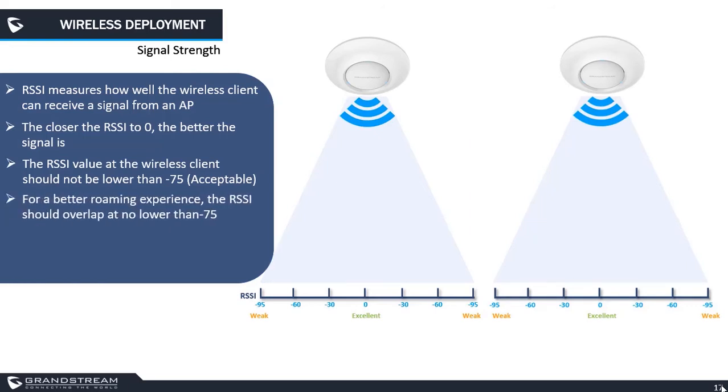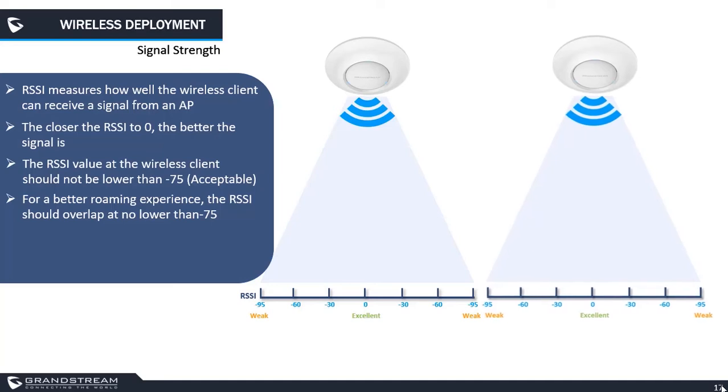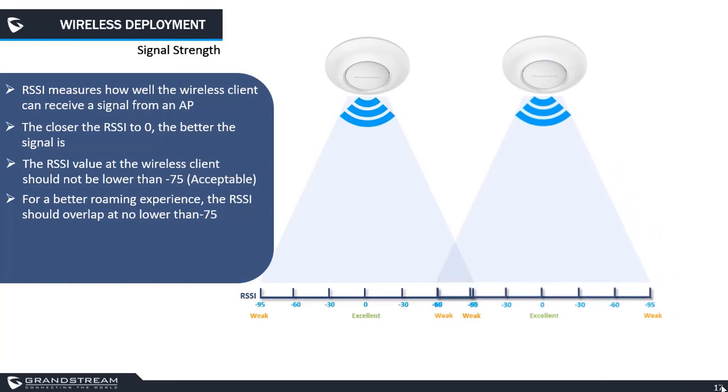So to guarantee a better roaming experience, the RSSI should overlap at no lower than -75. So when you see that the RSSI is -75, you want to add another access point and make sure that the adjacent access point is also at -75.